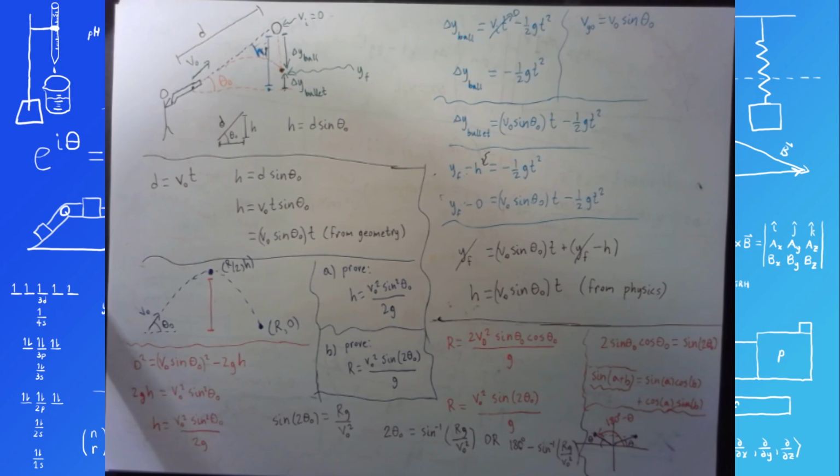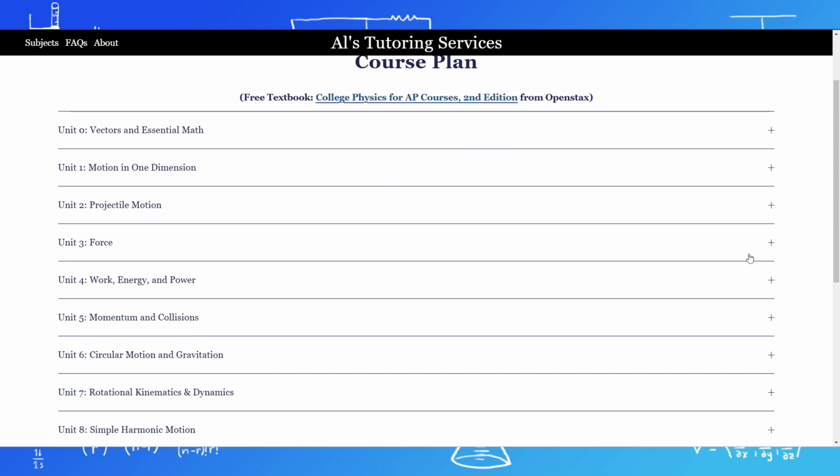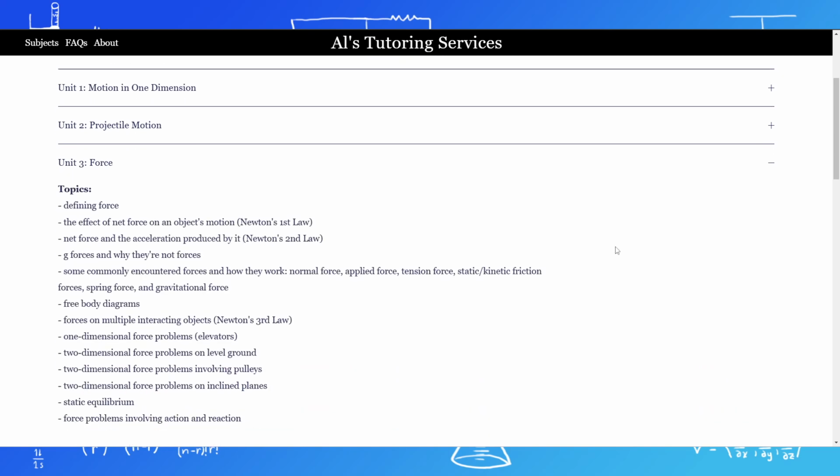So next time we are going to do force. So what I would like everyone to do before next week is, let me see if I can switch to this tab. So for next time, let me see.